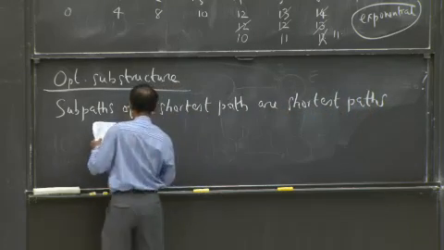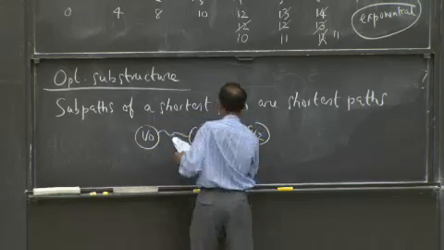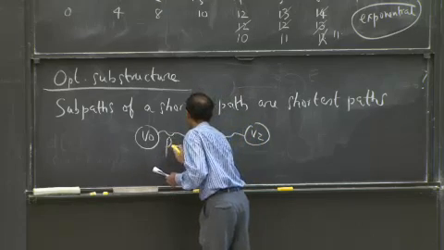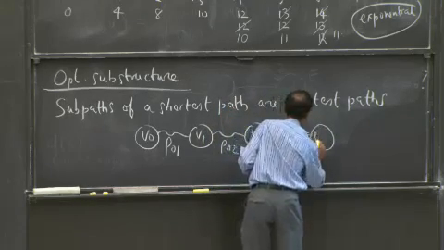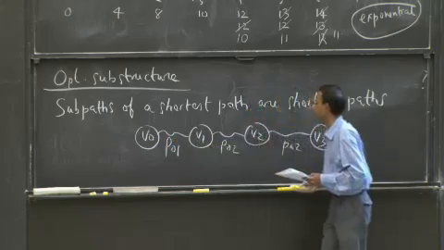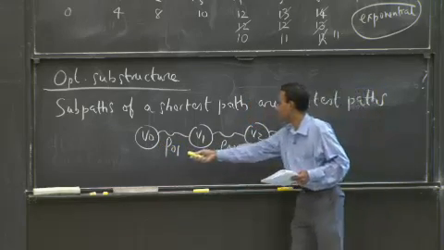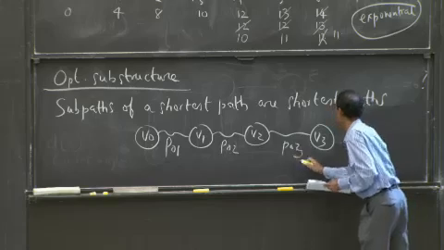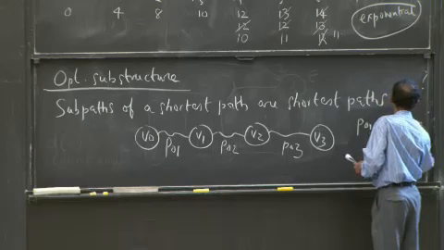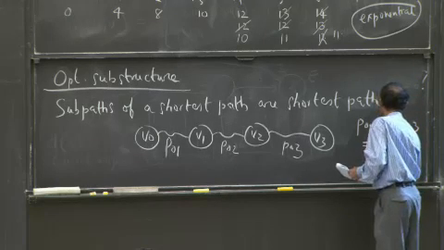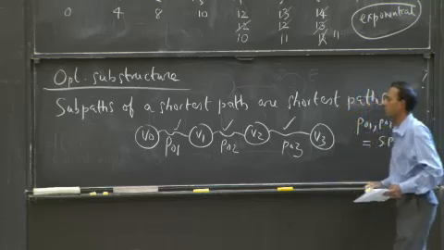And all that means is if I had V0 and I went to V1 and I went to V2, and these are paths here, so this could be P01, P02, P03. And so there are many vertices potentially between V0 and V1. And if you tell me that V0 through V3, the concatenation of P01, P02, and P03, is a shortest path, then that implies that each of these are shortest paths as well, right?